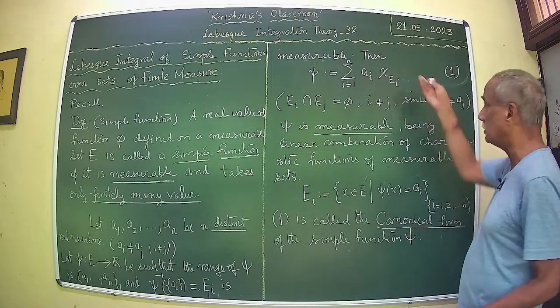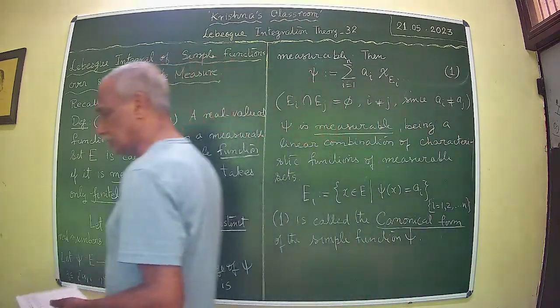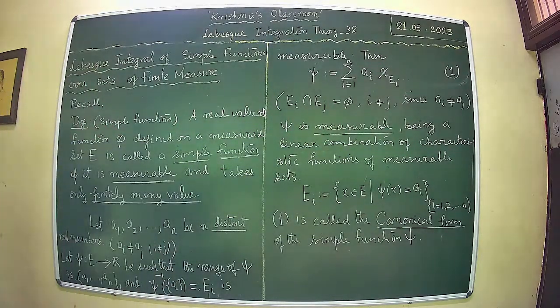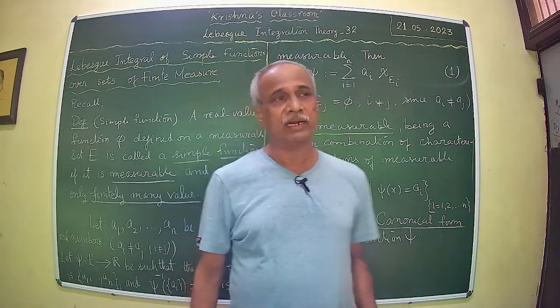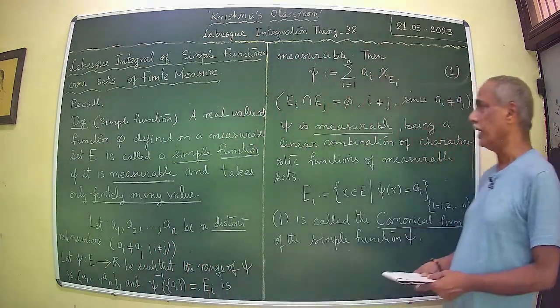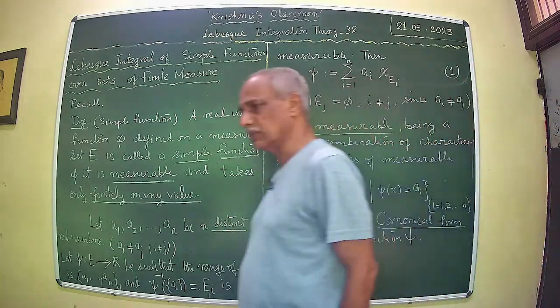And this is final because sometimes you may be given a simple function, because all that it insists on is that the function should take only finitely many values. Suppose you have got a1, a2, ..., an, where ai is equal to aj for some i and j, it is still a simple function.